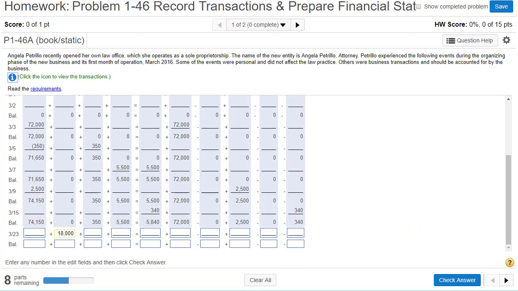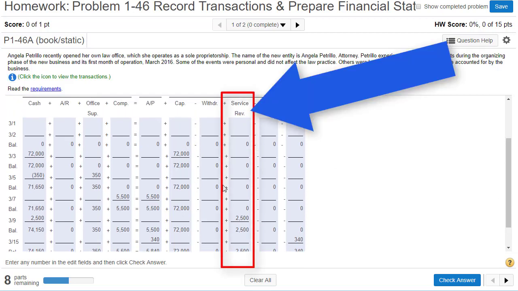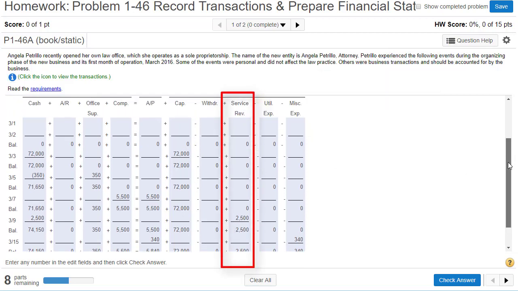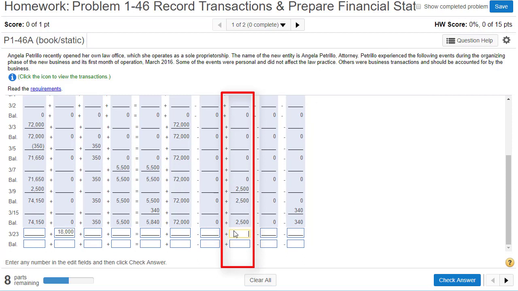Anytime we perform a service, we have to record revenue. And the revenue column is this column. Therefore, under service revenue, we put positive $18,000. And notice that all revenue transactions have a plus in front of them because revenue increases equity. And notice I did not put zeros in the unaffected accounts on the transaction row.